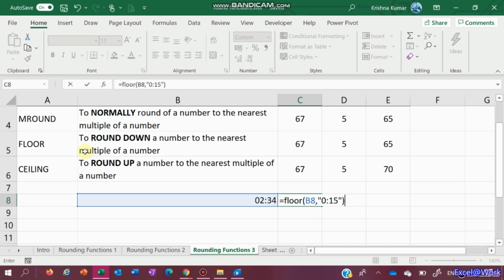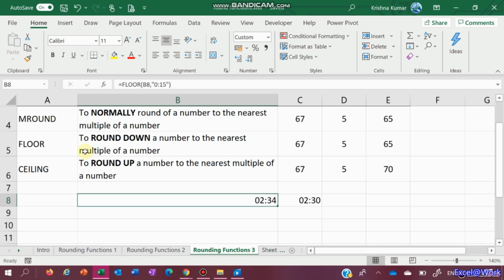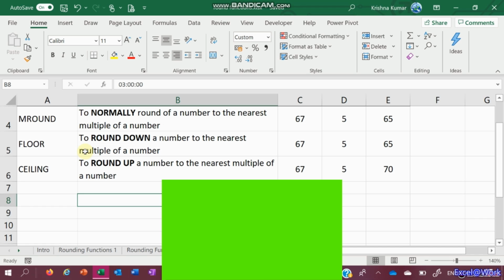This comes in the 2:30. Same thing, if it is 2:45, it goes to the third quarter. If it is 2:59, it still stays in the 2 quarter. If it is 3, this goes to the next quarter. This is one more practical use of the FLOOR function.